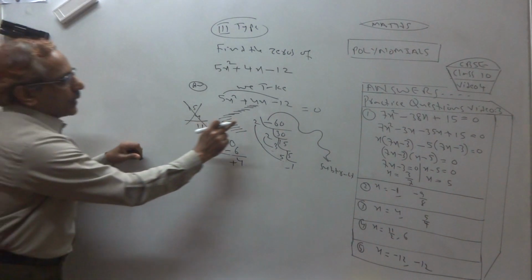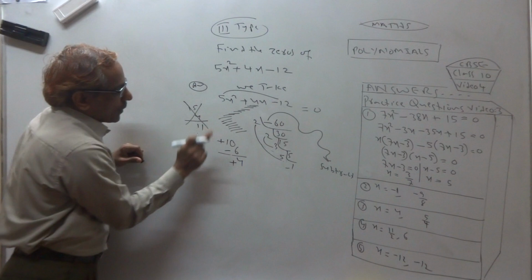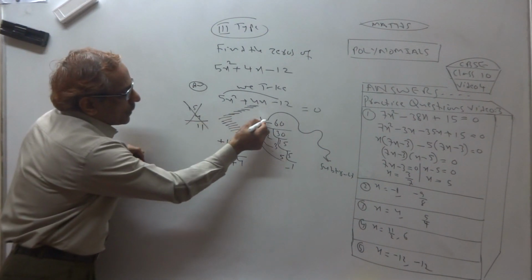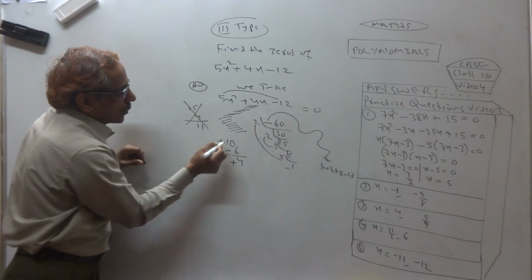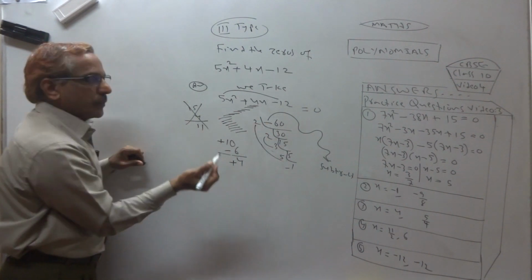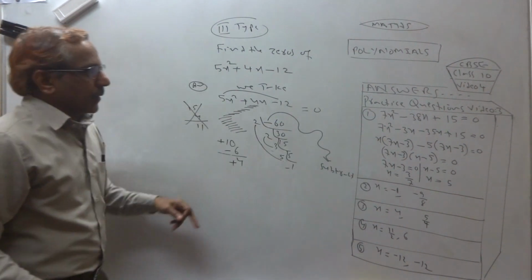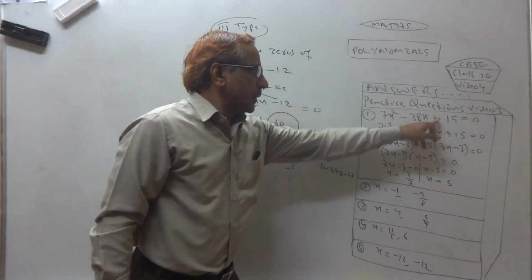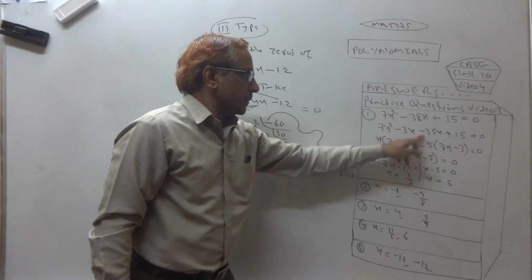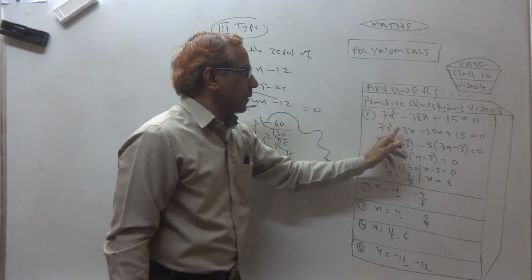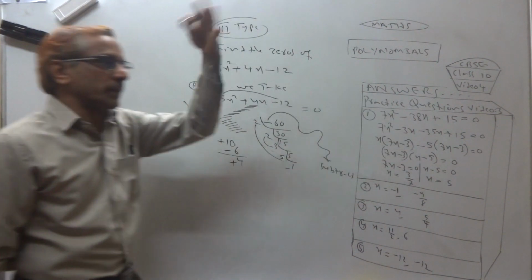So whenever minus comes here, you have to take 1 plus, 1 minus. Remember, if plus comes here, both plus or both minus. We completed that in the first and second type. When plus is there, we take both minus because center is minus. If center is plus, we take both plus. That was first and second.